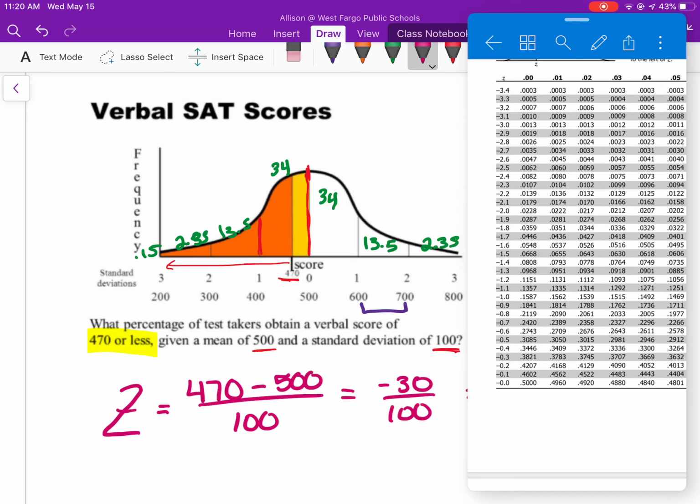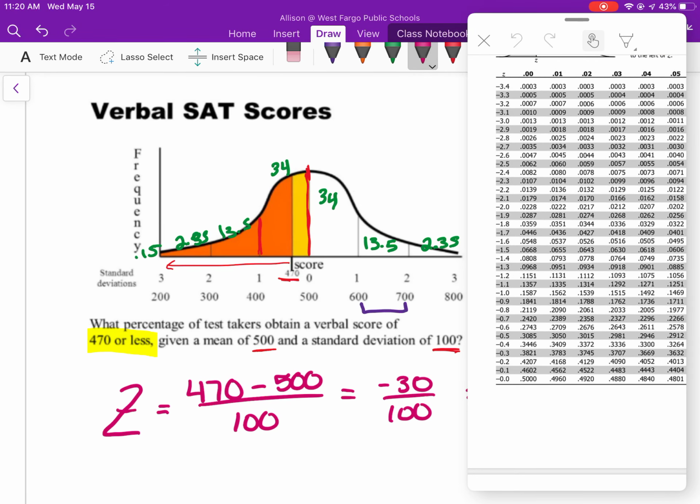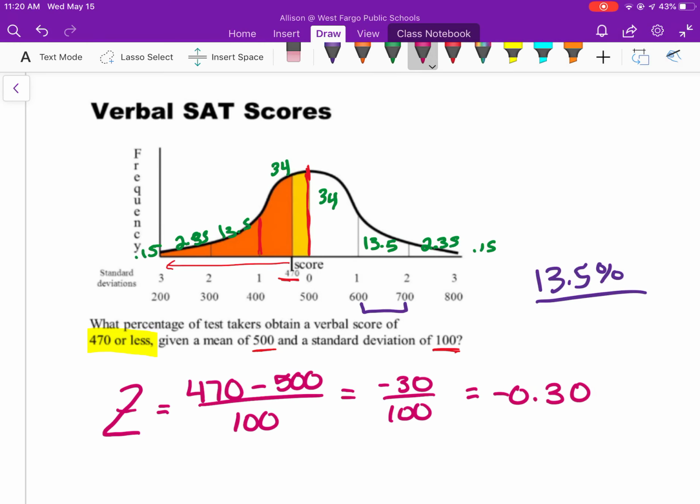So that's right here. Negative 0.3 and then 0. So we're at 0.3821. So the z-score of 470 is negative 0.30.